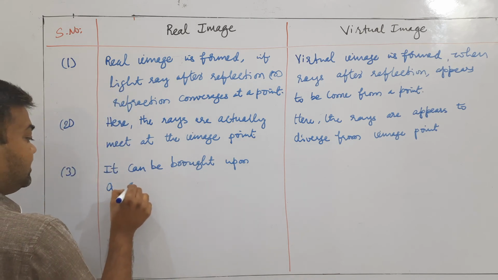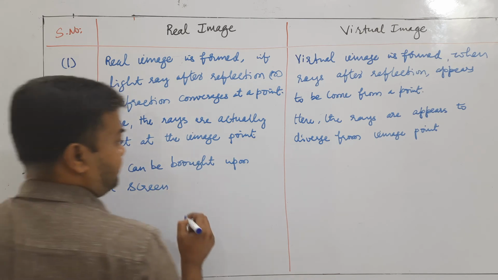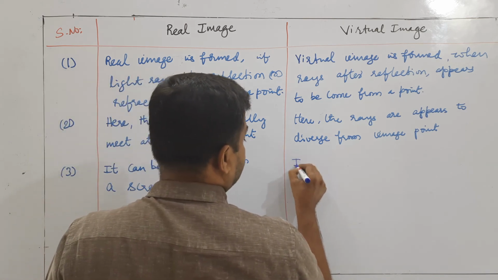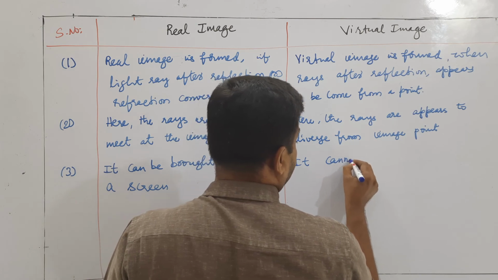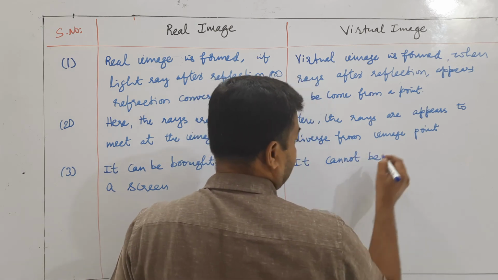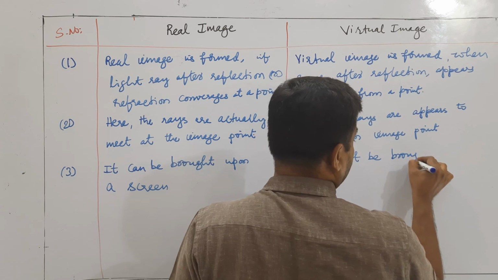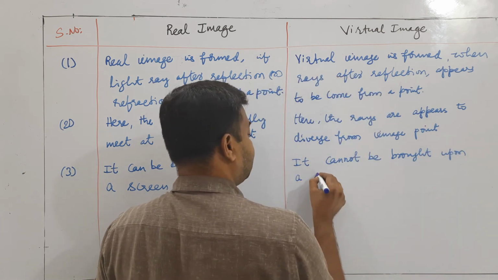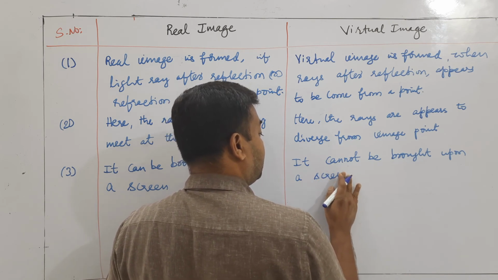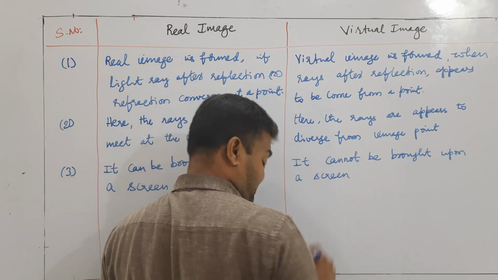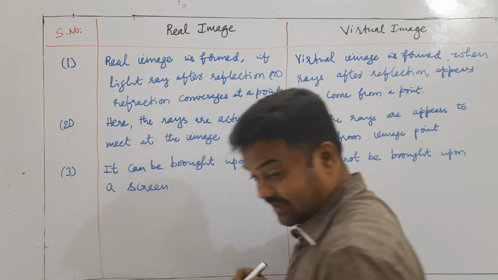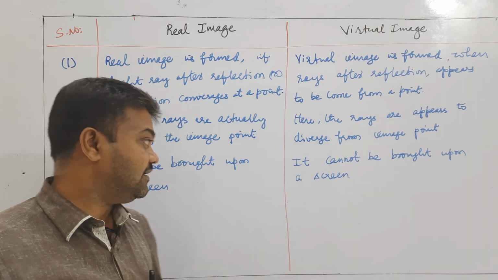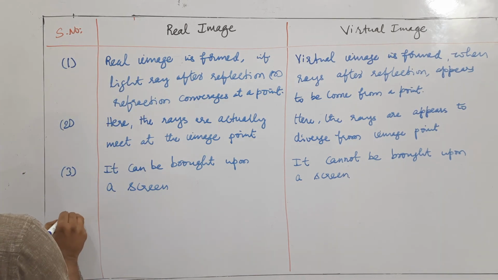Here it cannot be brought upon a screen. Already we have seen in the case of plane mirrors, daily we are seeing our face, and that image is a virtual image, and we cannot bring it upon a screen.